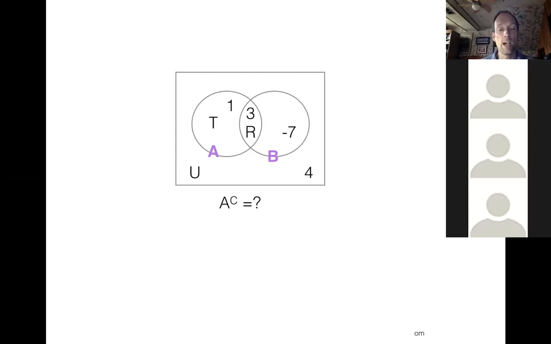Anybody want to help Eric out? It tells us what elements are in U that are not in the opposite. All right, outstanding. Exactly correct. Everything that's not in set A would be the complement. And by definition, that's everything in the universal space that's not in set A.